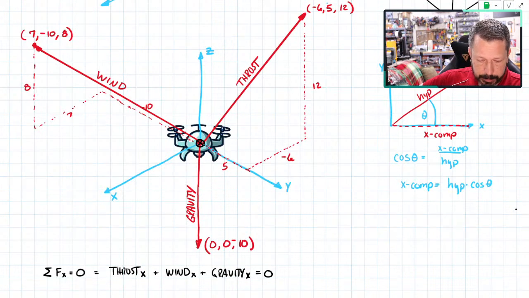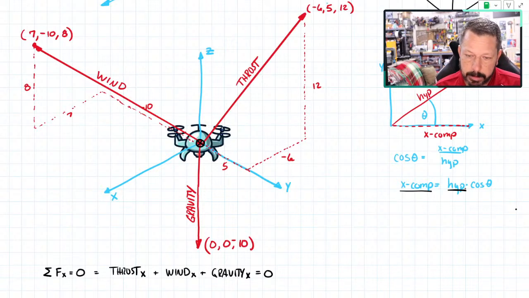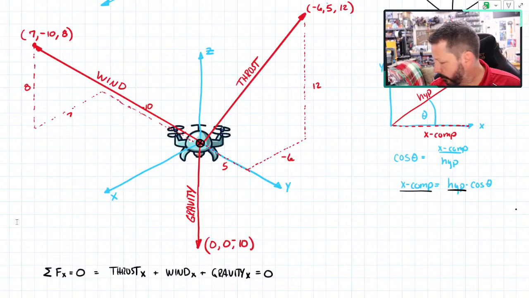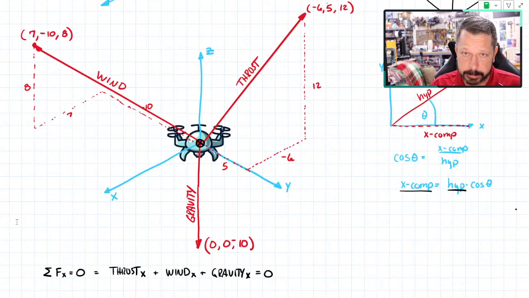So the x component will be the same idea: I take the hypotenuse, which is the thrust vector itself. I do have the length of this thrust vector. I haven't calculated it, but I have all the stuff to find it.